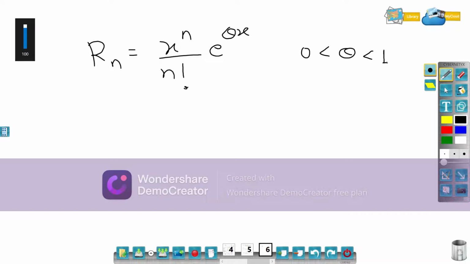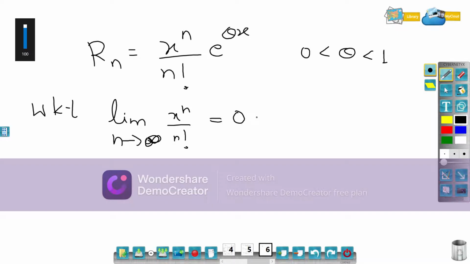Now we already know that as n goes to infinity, x raised to n upon n factorial is always 0. So as n goes to infinity, this remainder term Rn will go to 0. That one should understand.